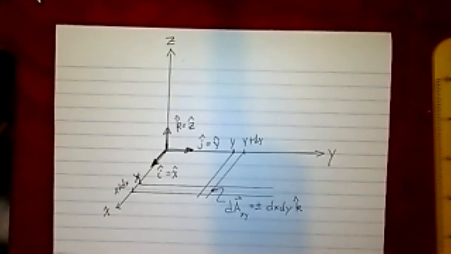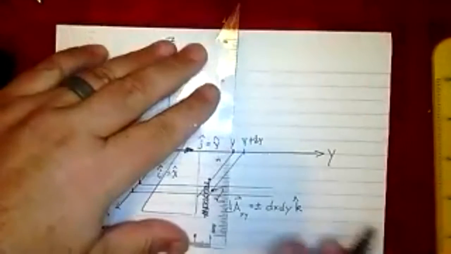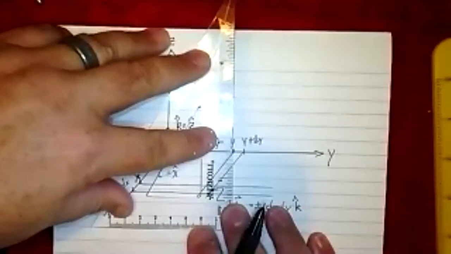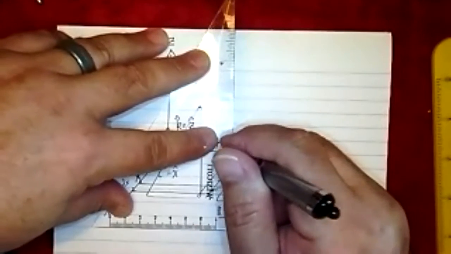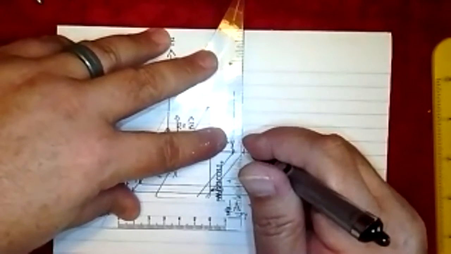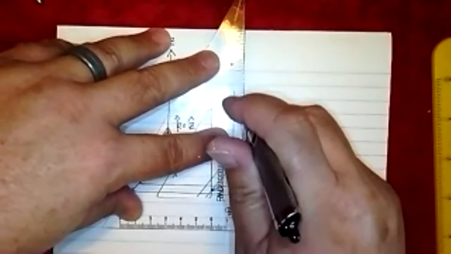What if instead you chose to allow y to change to y and y plus dy, but instead of letting x change, you only decided to let the other variable change, z.